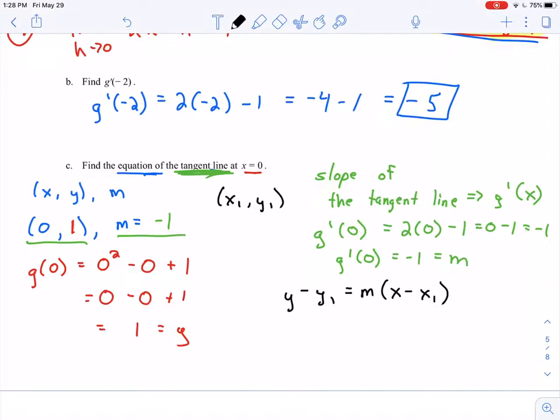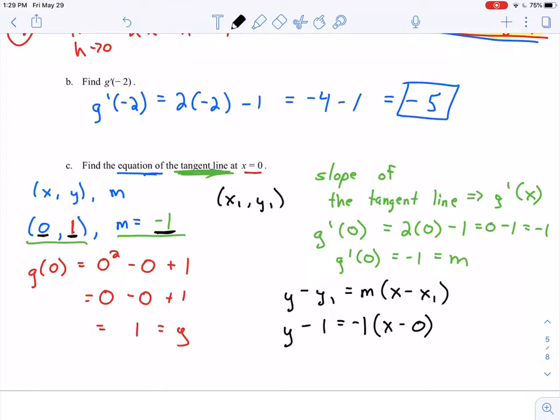So I'm going to plug my x-coordinate in for x1 and my y-coordinate in for y1. So y minus my y-coordinate, which was 1. So y minus 1 equals m. What's m? m is negative 1. Negative 1 times x minus my x-coordinate. x1 was just 0 here, so x minus 0.